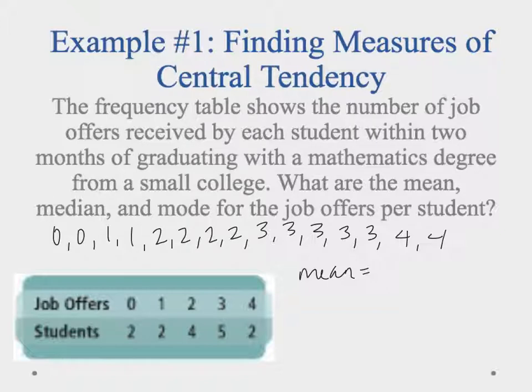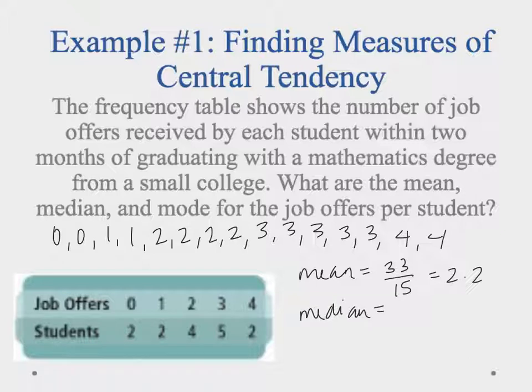I got 33 divided by the number of values, and that's 2.2. All right, 2.2.